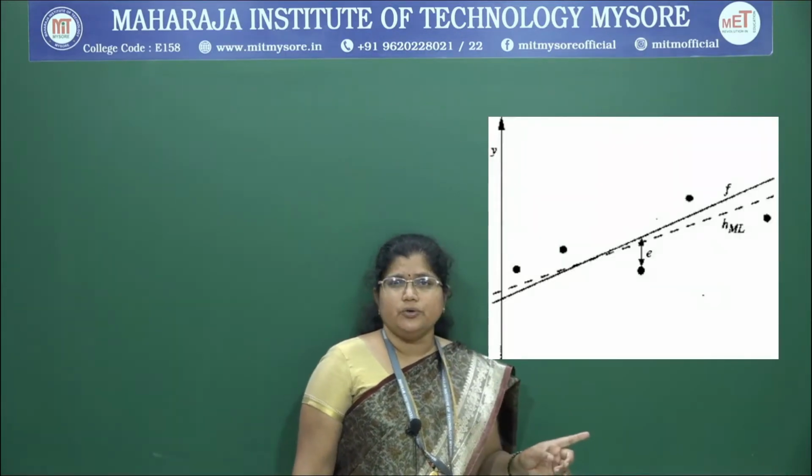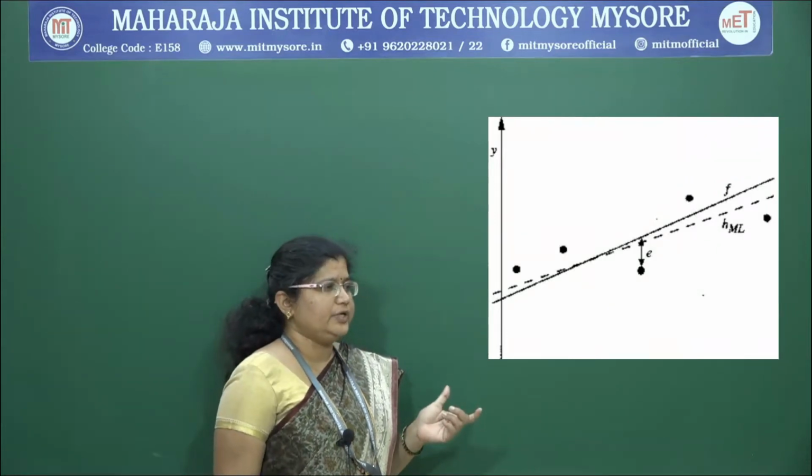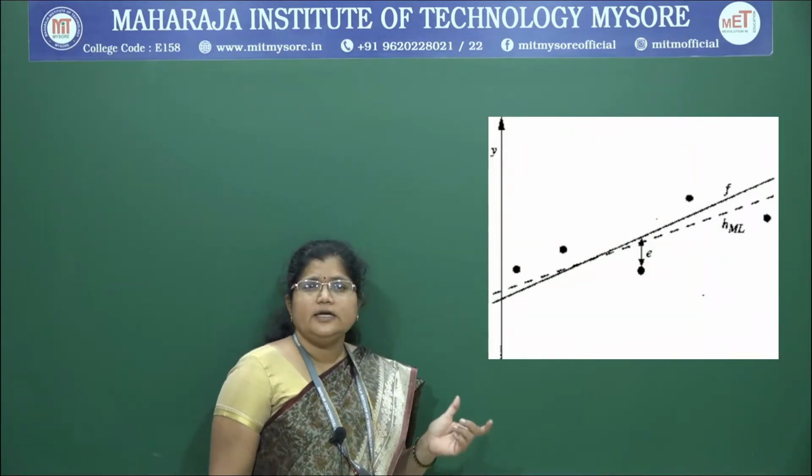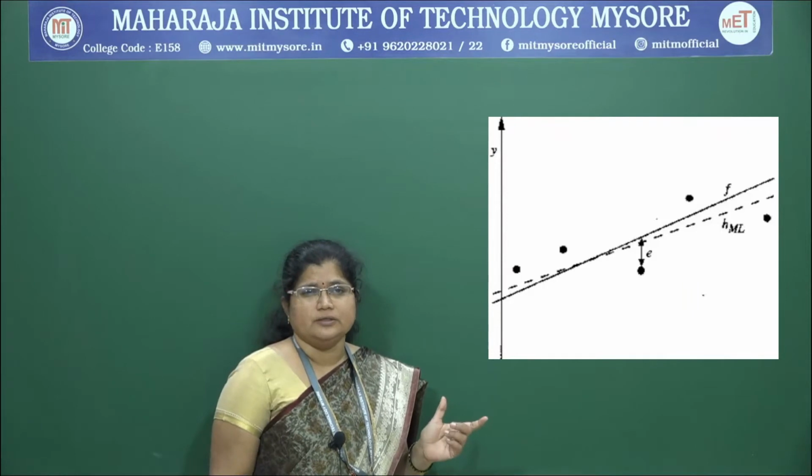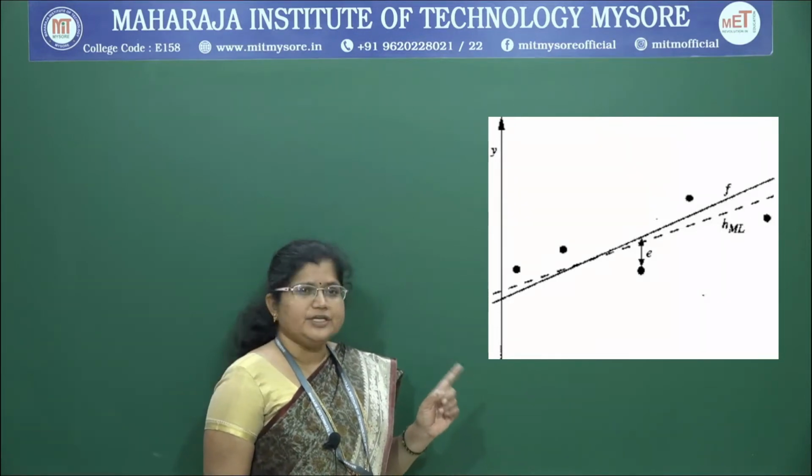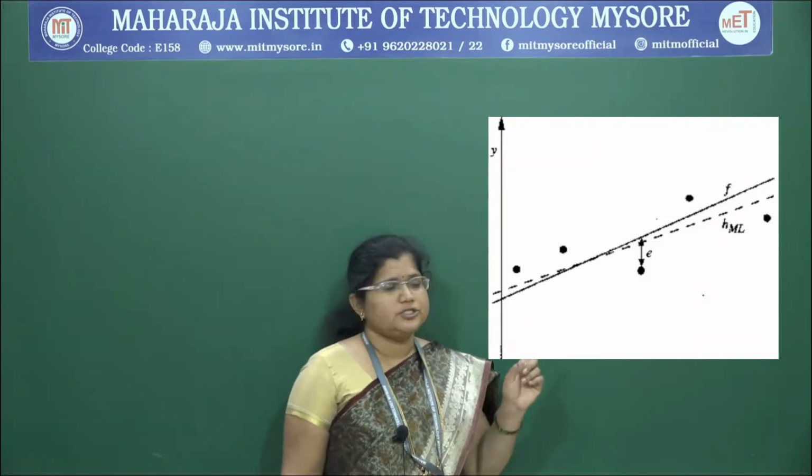Before moving to certain assumptions and notation, let us look at this diagram. It shows pictorially the learning of a real valued function. The target function f corresponds to the solid line.